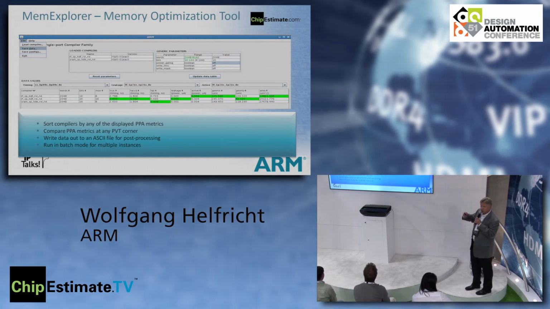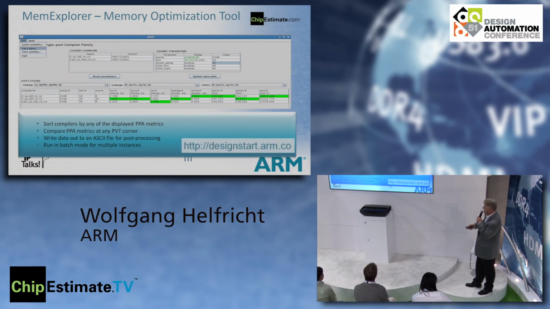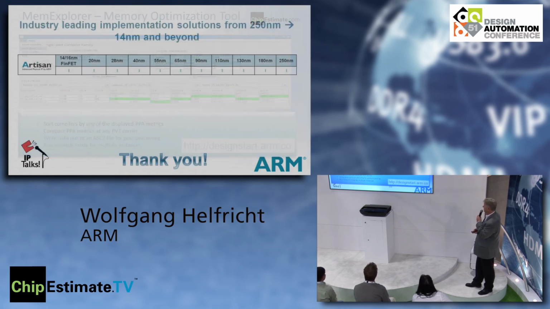With the variety of memories which we have now, that's a very useful tool. You select the compiler, instance size, and speed, and then you get the different outputs about the memory. Again, designs.arm.com.